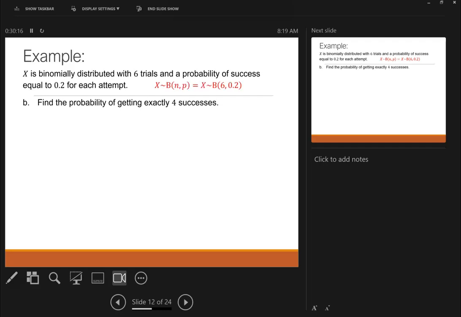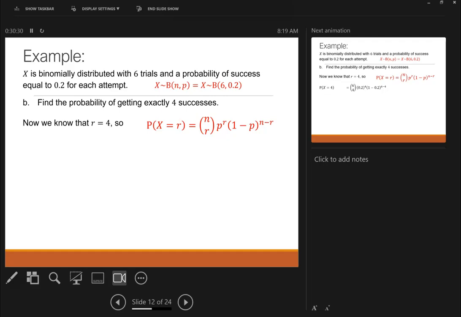No big deal. We want to find the probability of getting exactly 4 successes. So what we want is the probability that X is equal to r when r is 4. So we can use our binomial distribution formula that we were just given.